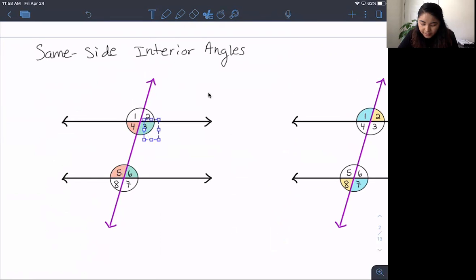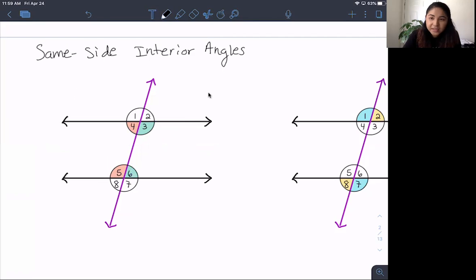Angle 3 and angle 6 are all on the left. Really, angle 1, angle 4, angle 5, angle 8, those are all same side, but we're looking at interior. So just the ones that are on the inside of the parallel lines. So same side and inside of the parallel lines. So angle 4 and angle 5 are same side, and angle 3 and angle 6 are also same side.